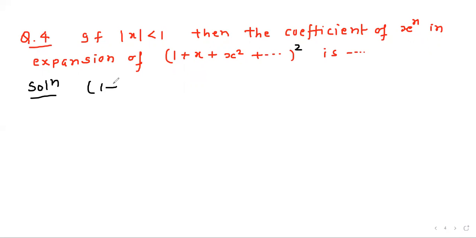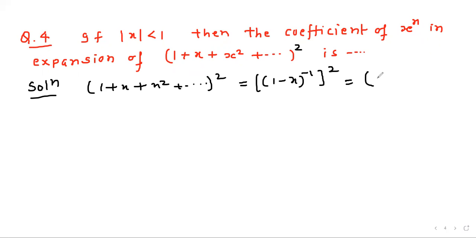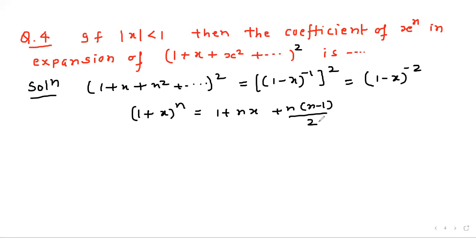Here we are given (1 plus x plus x squared plus dot dot dot) whole squared, and this term is the expansion of (1 minus x) power minus 1. So we write it as (1 minus x) power minus 2. Now we apply the formula (1 plus x) power n is equal to 1 plus nx plus n into (n minus 1) upon factorial 2 x squared and so on.